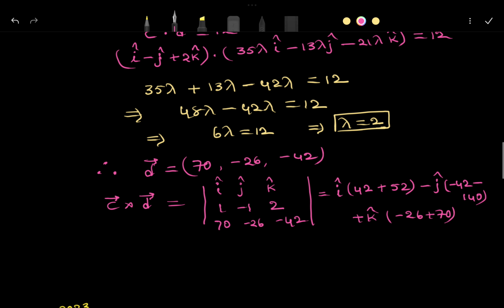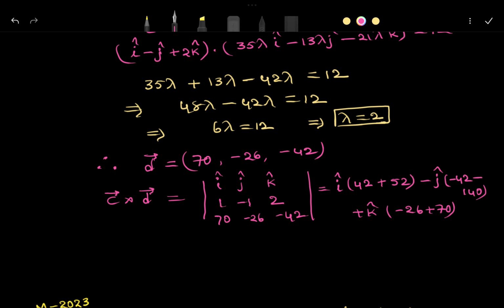Now you calculate this value. 42 plus 52 is 94, so 94 into i cap, and next minus 182 times minus, that is plus 182 into j cap, and next plus 70 minus 26. 70 minus 26 is equal to 44, so 44 into k cap.